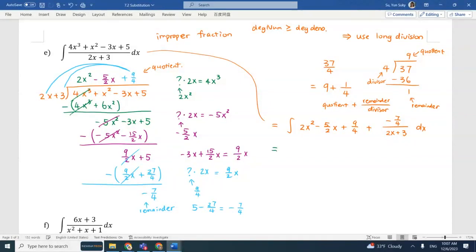Now let's integrate. The constant multiple stays here. What's the integral of x squared? Minus 5 over 2, what's the integral of x?